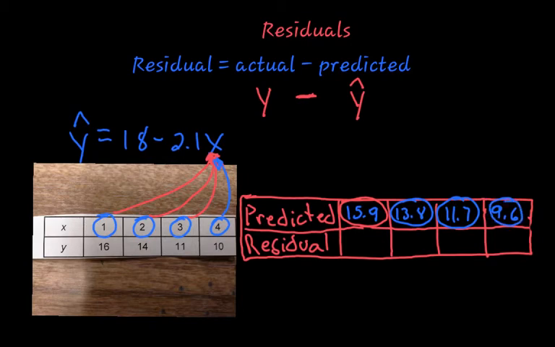Now this is how you get the residuals. You take the first actual value, 16, minus the predicted value. The first predicted value is 15.9, which is right here. So the actual minus predicted is 0.1.